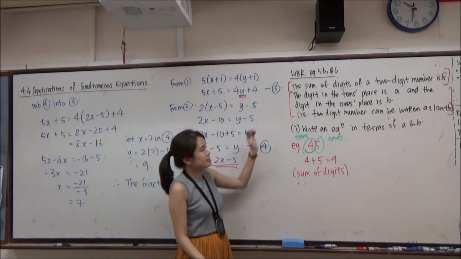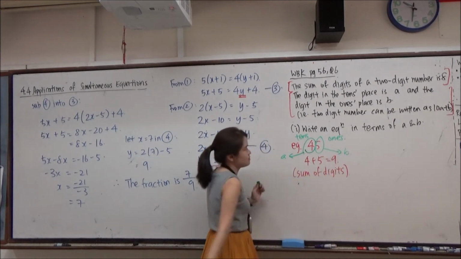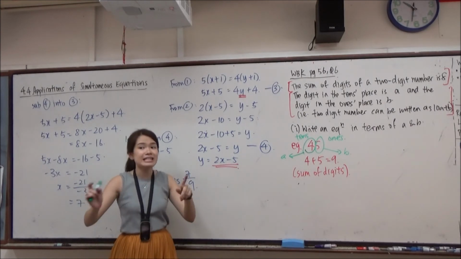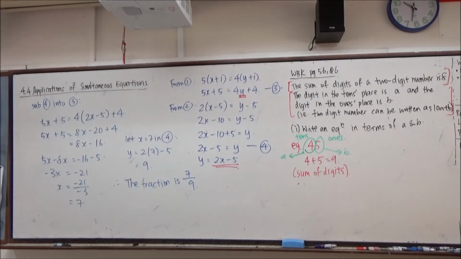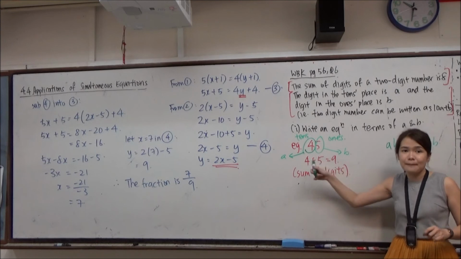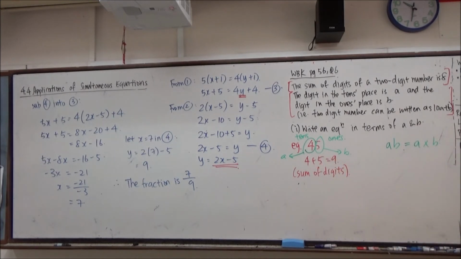So the one in the tens place is A, and the one in the ones place is B. That is how it labels. But in algebra, if I put A and B together, it doesn't mean that the number is AB, because this actually means A times B. It's a different meaning when you put it together in algebra and in numbers. It's not 4 times 5, this way is 45.